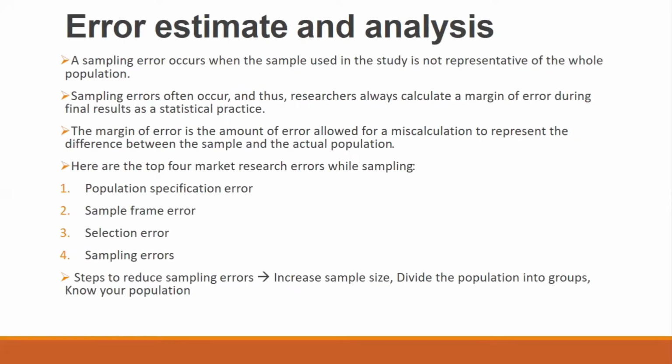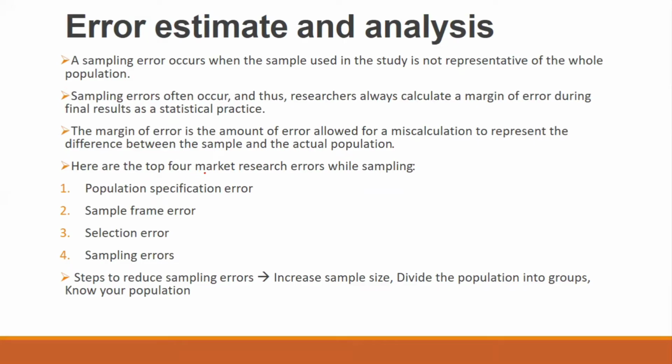Then comes the error estimate and analysis. A sampling error occurs when the sample used in the study is not representative of the whole population. Sampling errors often occur, and thus researchers always calculate a margin of error during final results as a statistical practice. The margin of error is the amount of error allowed for a miscalculation to represent the difference between sample and the actual population.